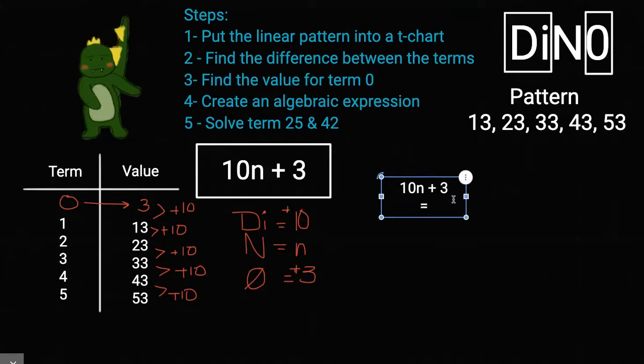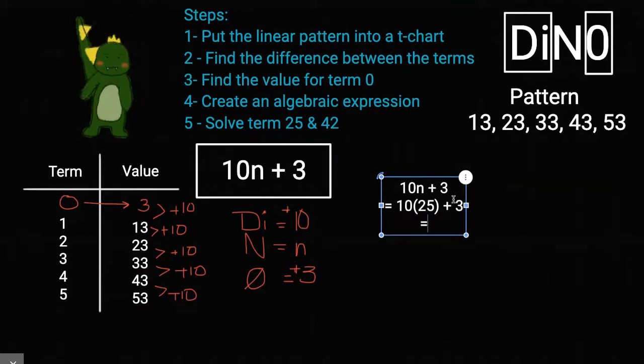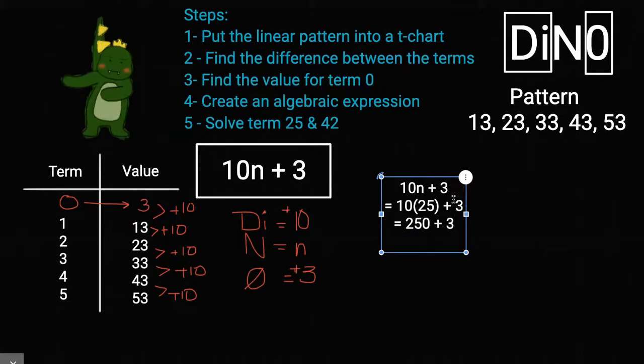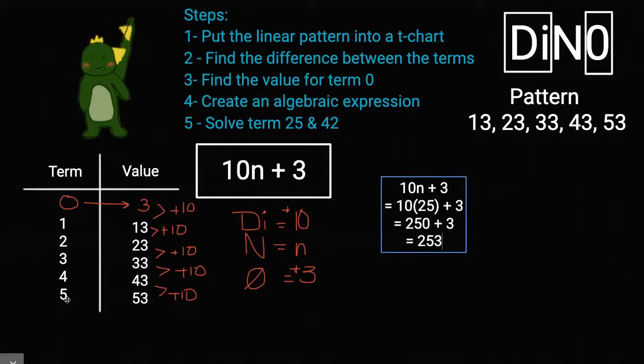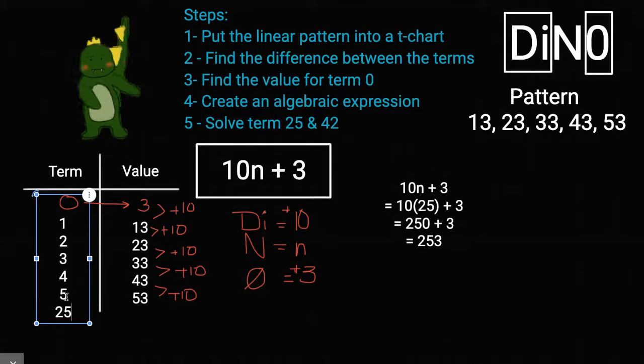Then I will replace my variable with the term I'm looking for. So 10 times 25 plus 3. Then I will solve. 10 times 25 is 250 plus 3. So when my term is 25, my value is 253. And then I would add that to my t-chart just to show my teacher that I understand.